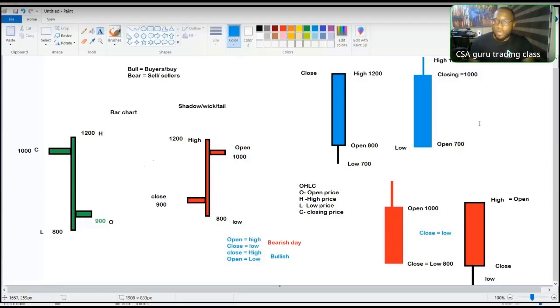Like, okay, what if we have a candlestick, can someone tell me what this indicates?